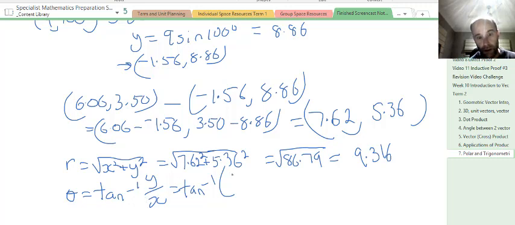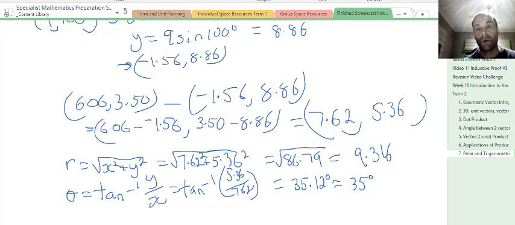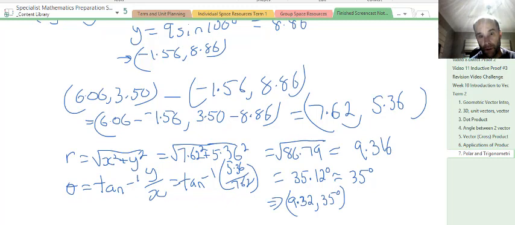So now it is time to find theta, the direction, inverse tan of y on x. So you have the inverse tan of 5.36 over 7.62. To two decimal places, that comes out to be 35.12 degrees, or about 35 degrees. The final result is 9.32 and 35 degrees in polar form.